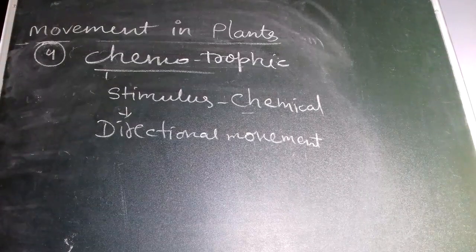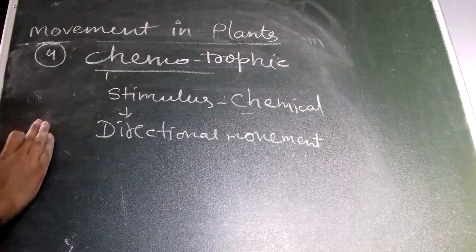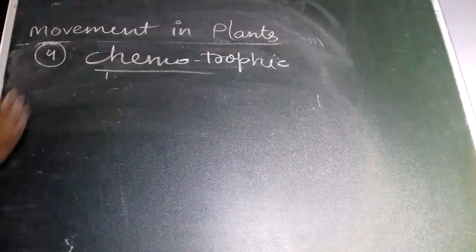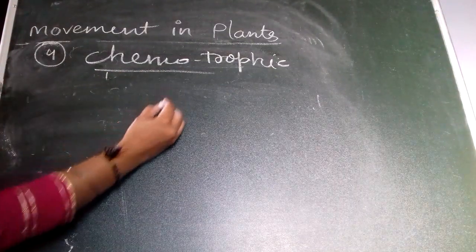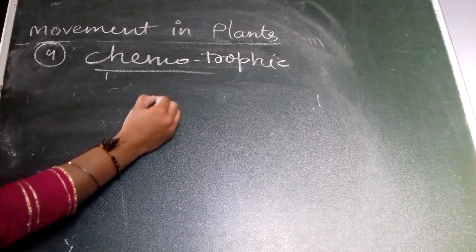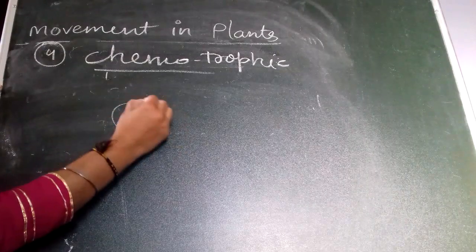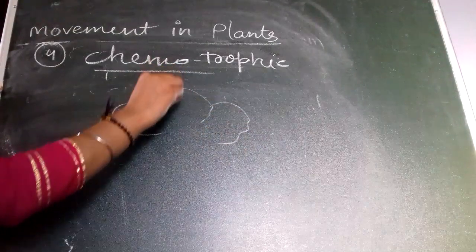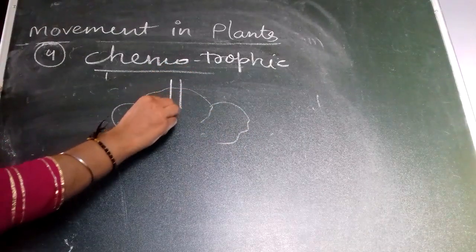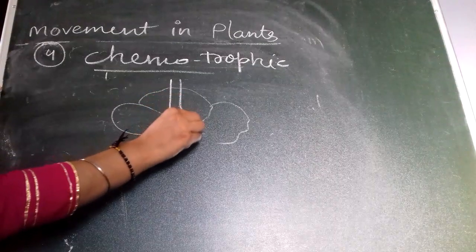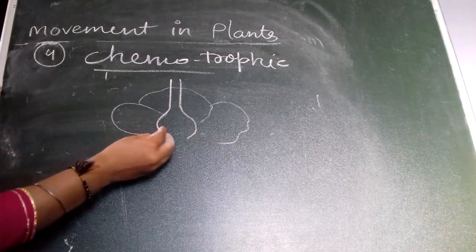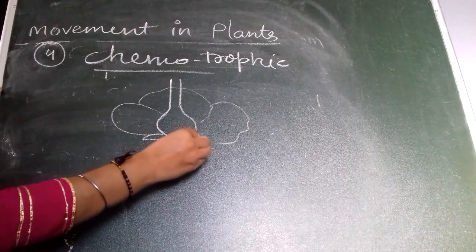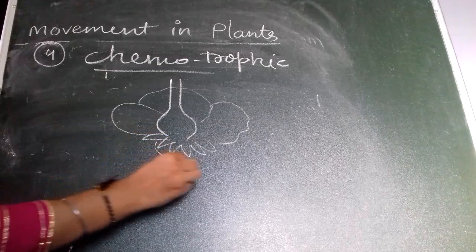Now let's take its example. What will be the example? It's a different example. You have seen a flower. A flower has some colorful petals, and here is a middle part that we call the pistil.